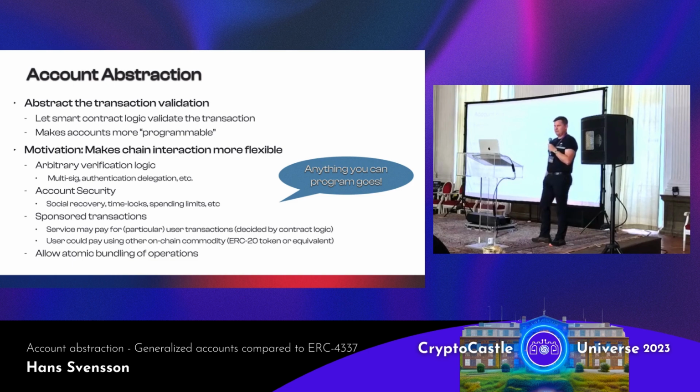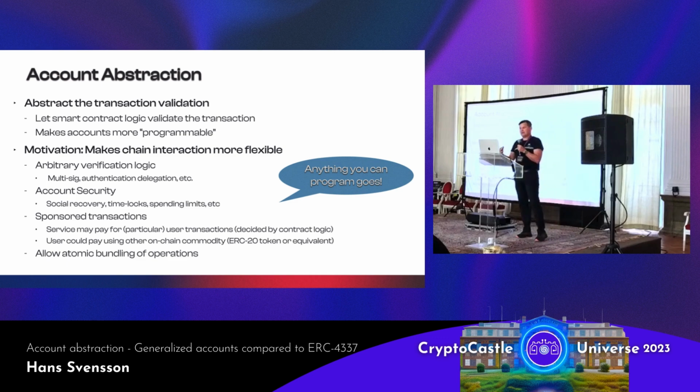And for many years, people have been wanting something which is more flexible, more easy to use. And this has been account abstraction. The thing that is abstracted is the logic with which you validate transactions.